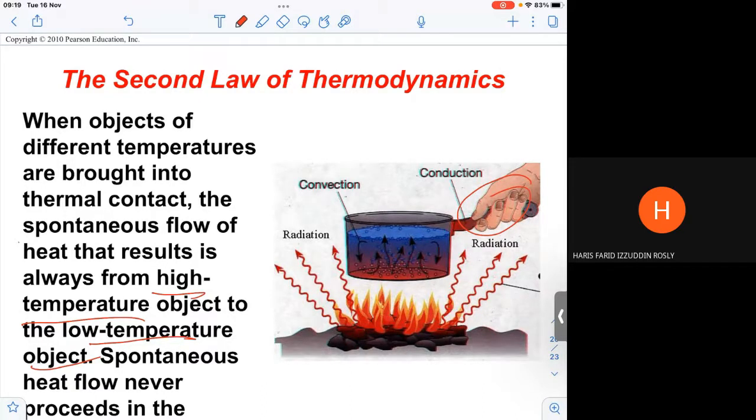That means there is contact inside the pot itself. If you are boiling the water, the bottom part of the pot will be hotter first, and then that hot water will replace the cold water on the top part of the pot.